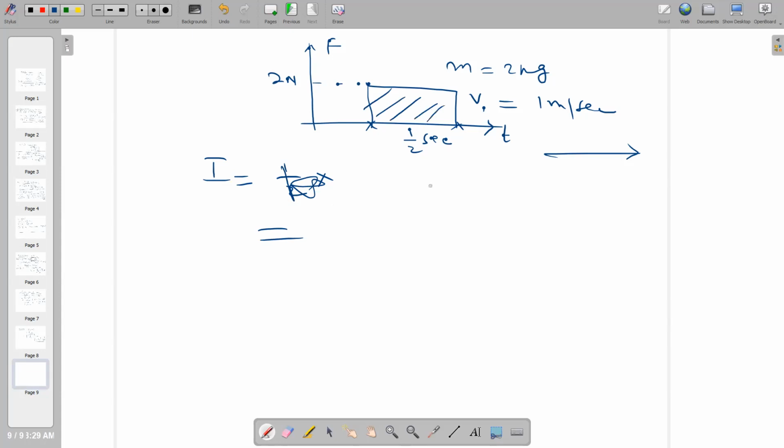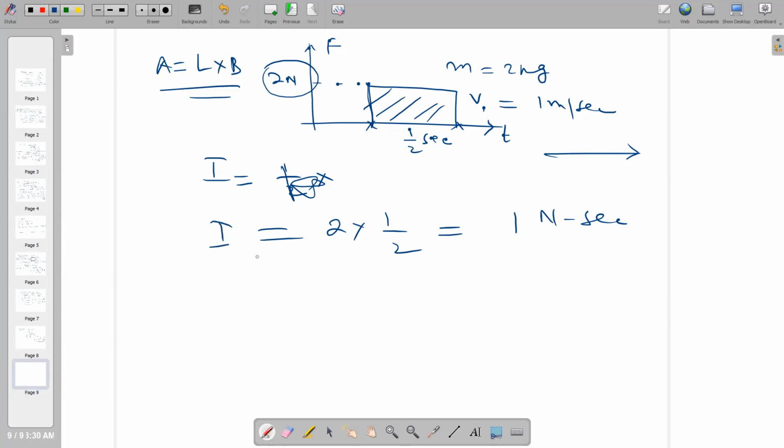So you multiply 2 by 1/2, and this is equal to 1 Newton second. This is the impulse from this graph, because area is length into breadth, not 1/2. Okay, so this is I.